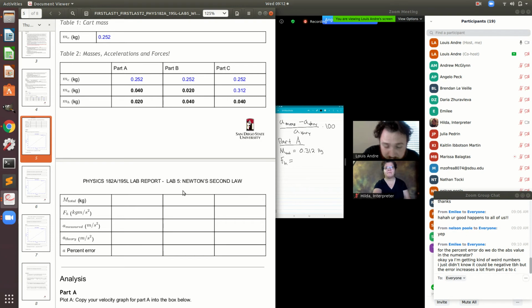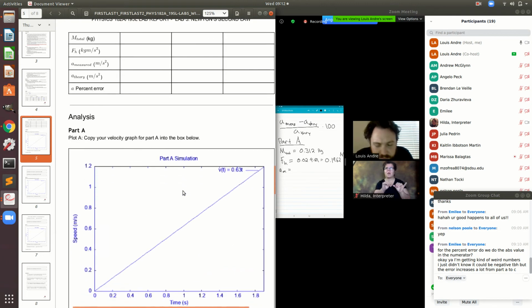So FH in this one would be 0.02 times 9.81, which would be... A measured for part A would be 0.63.